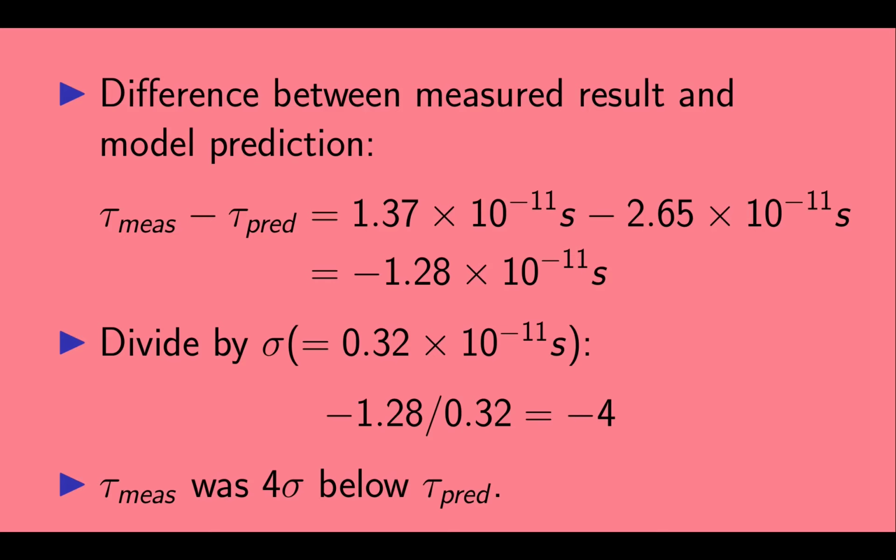Again, let's take the difference between the measured value and the prediction. This time we get minus 1.28 times 10 to the minus 11 seconds. If we divide that by sigma, we get minus 4. So the measured value was 4 sigma below tau predicted.